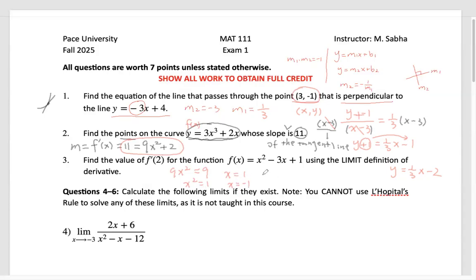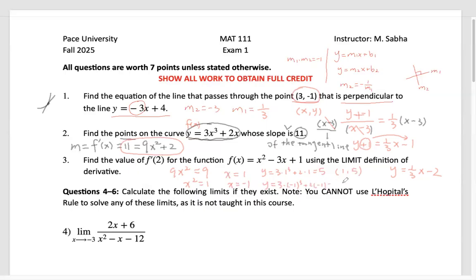When x equals 1, what does y equal? y equals 3 times 1 cubed plus 2 times 1. That's just 5. So we get the point (1, 5). If x equals negative 1, we go back to the function: 3 times negative 1 cubed plus 2 times negative 1.